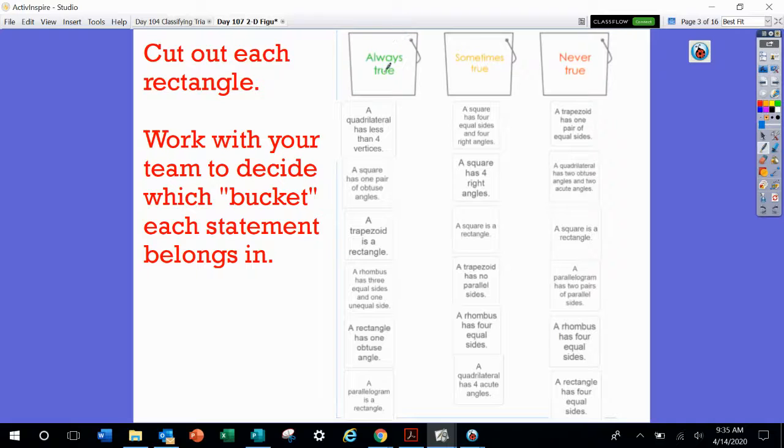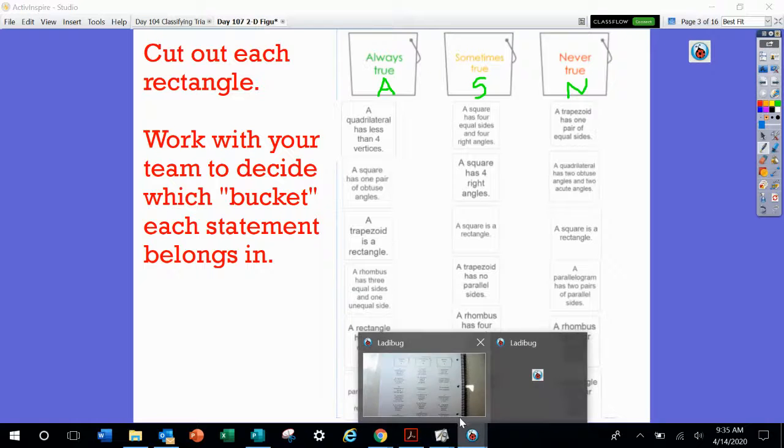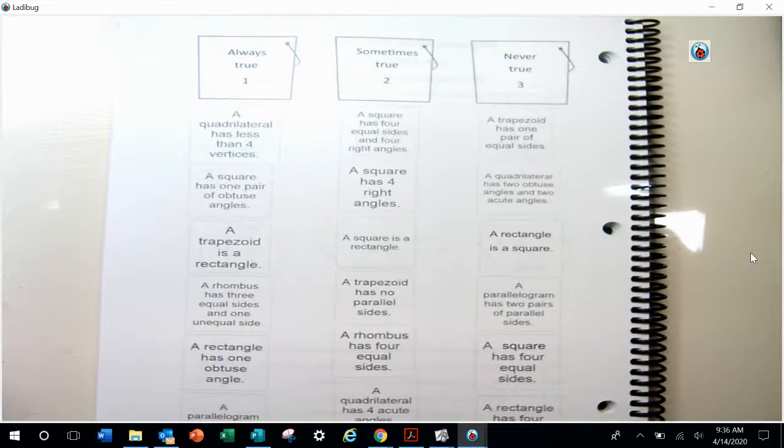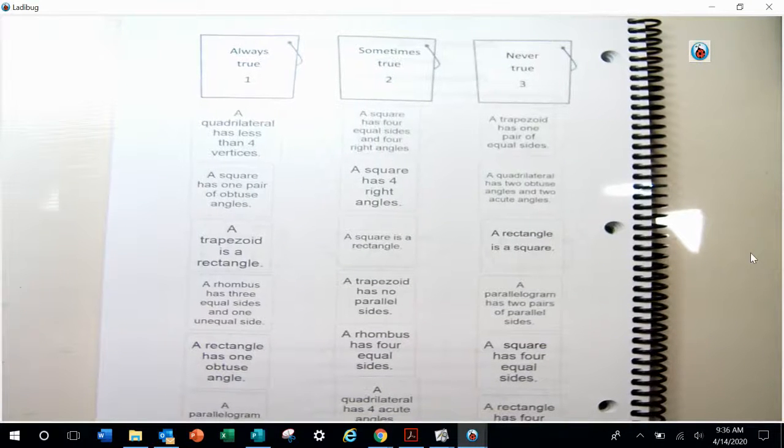You're going to decide, is it A, always true, S, sometimes true, or N, never true. Okay, so you need to decide how often these things are true.